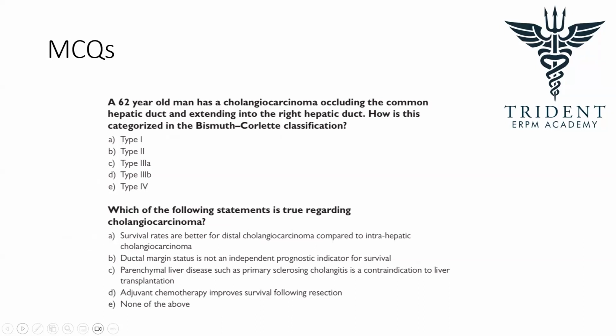So this is very easy for you. We have already discussed the Bismuth classification. So the answer is C, type 3A. You can go through my previous presentation so you can better understand.